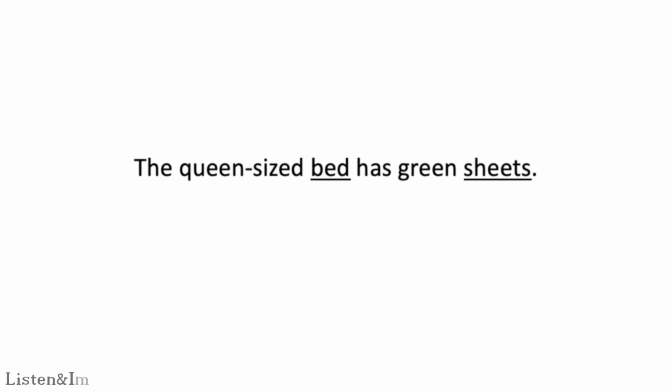Sheets is plural because it has an S at the end of the word. This means there is more than one sheet. Be careful. The word queen is not a noun in this sentence. It is compounded with sized to create an adjective. Queen-sized describes the size of the bed.